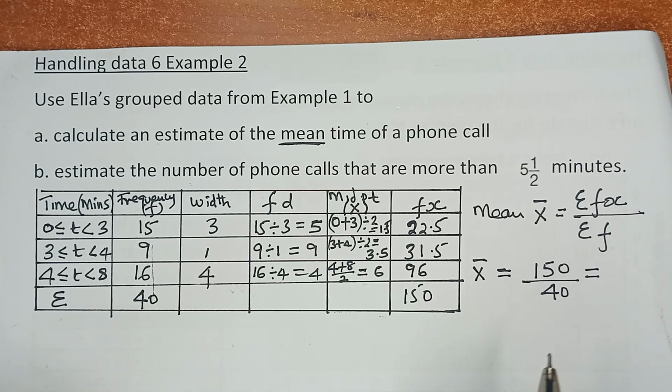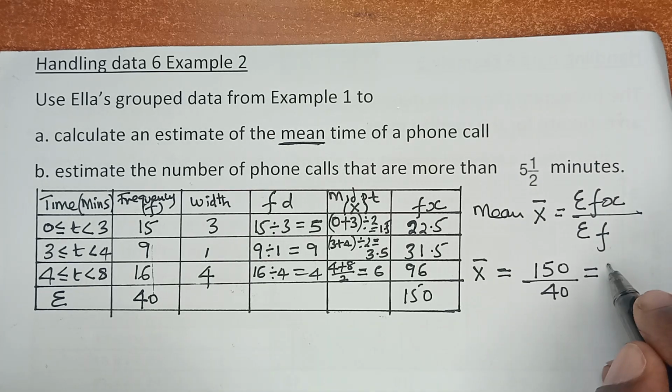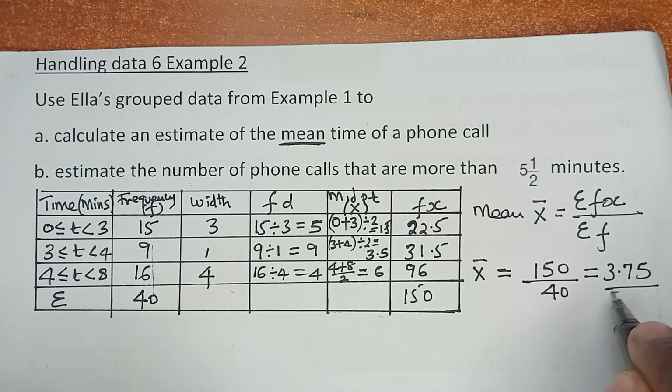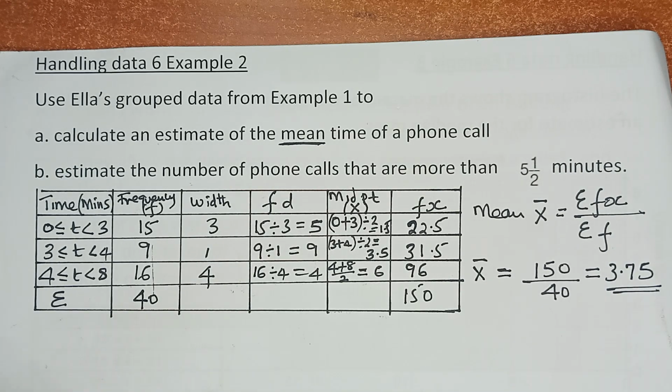And this is 15 divided by 4, which is 3.75. That is the mean for that data.